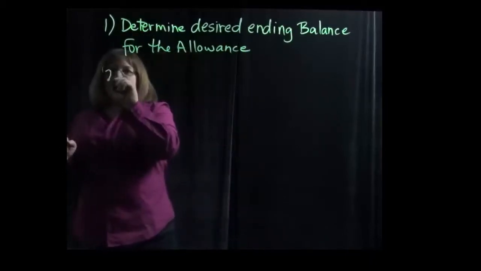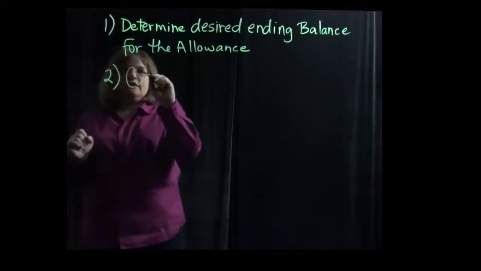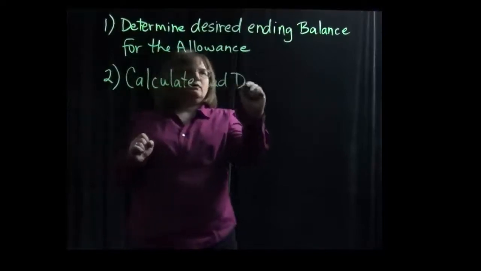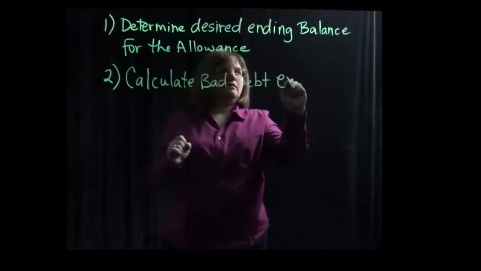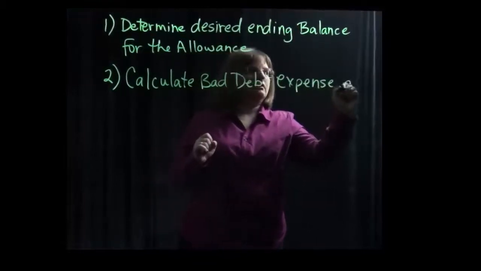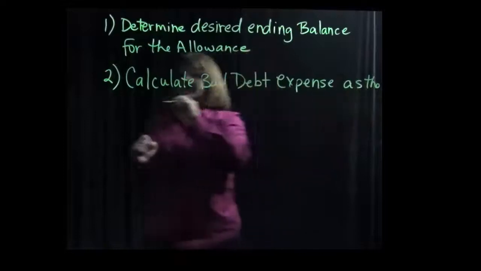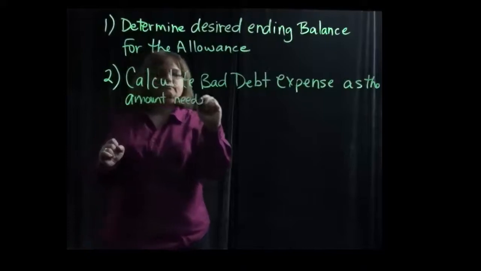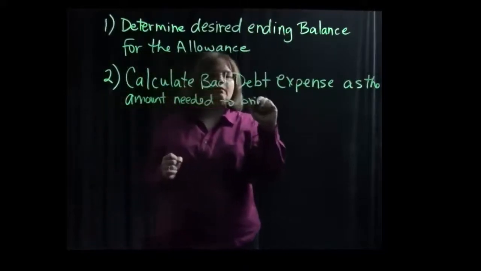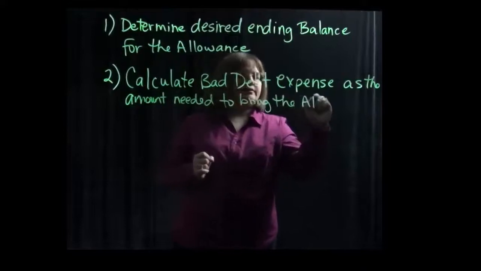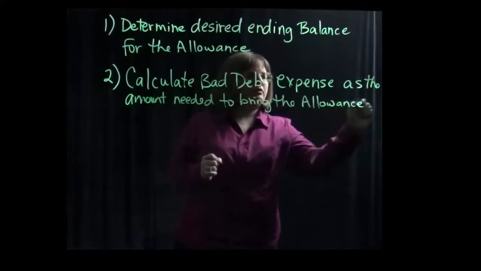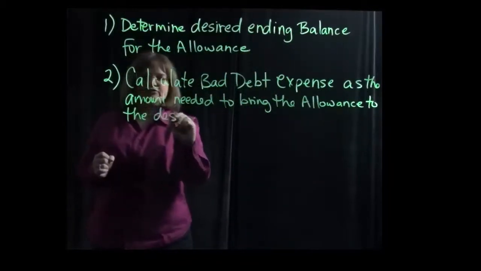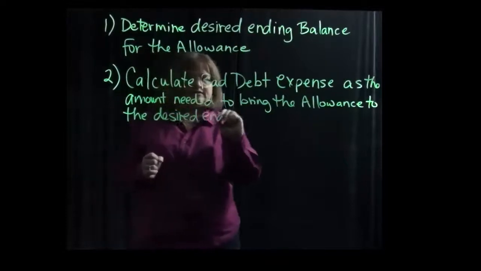The second thing we do then is to calculate the bad debt expense as the amount needed to bring the allowance account to the desired ending balance.